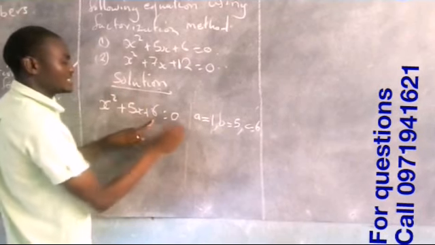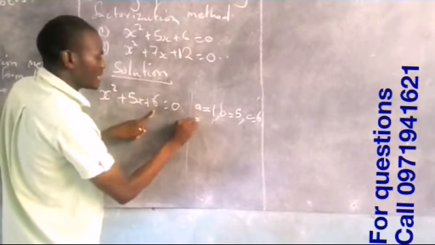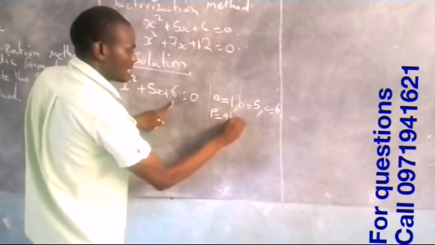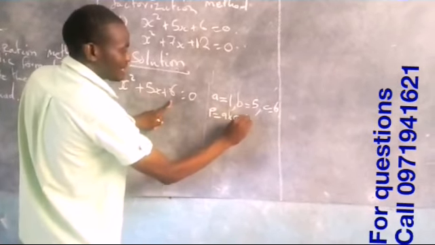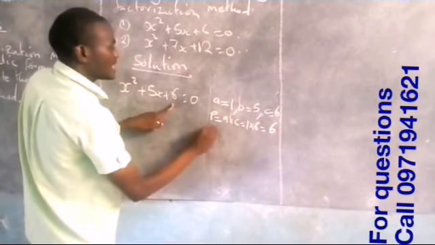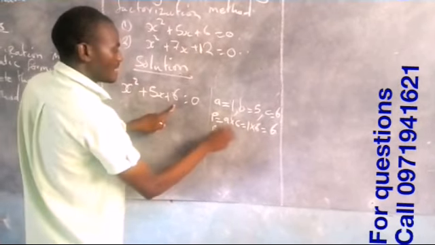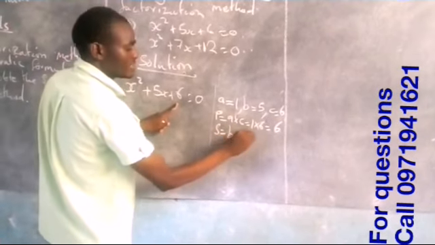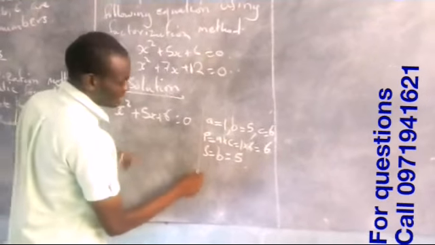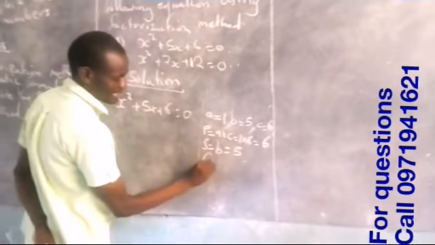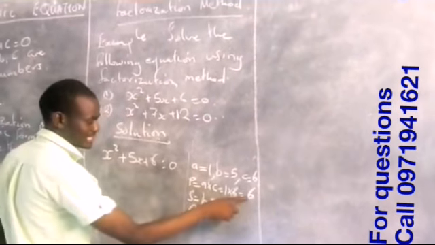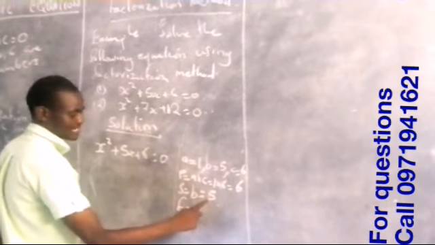So we need to find the product. The product is a times c, which is 1 times 6, and the answer is 6. The sum is b, which is 5. We need to find the factors whose product is 6 and whose sum is 5.